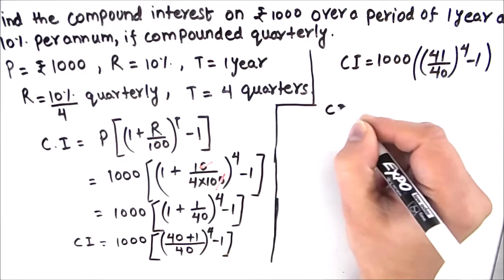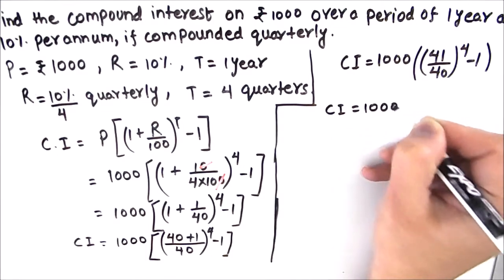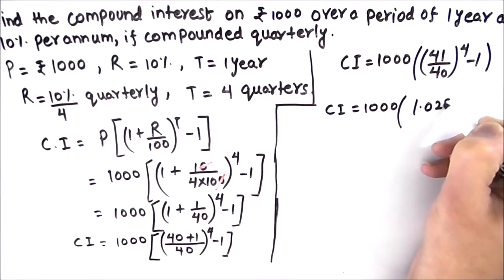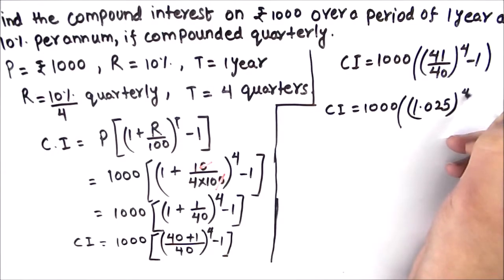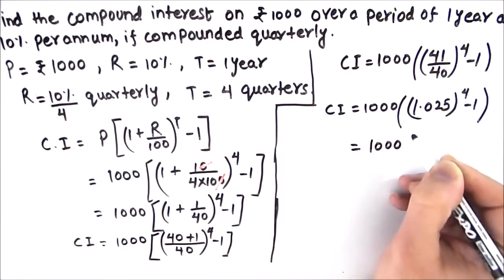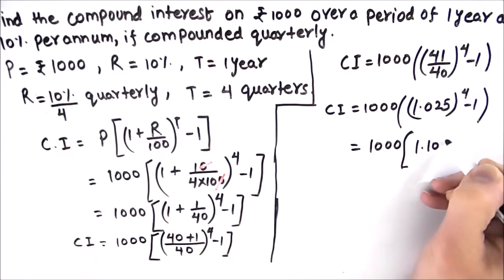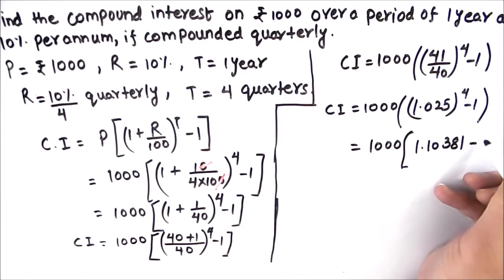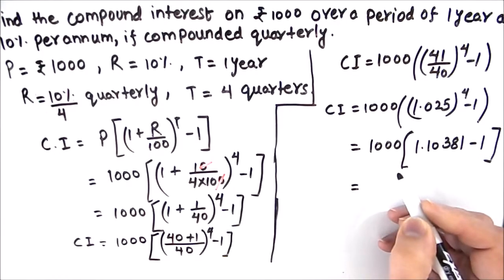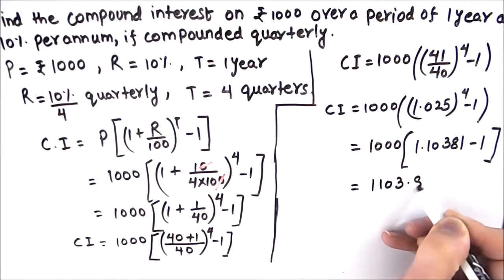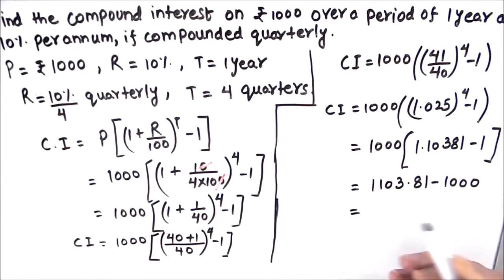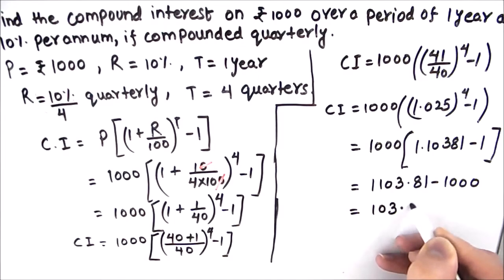So compound interest is equal to 1000 times (41 upon 40 is 1.025) whole raised to power 4, minus 1, which is equal to 1000 times 1.10381 minus 1, which is equal to 1103.81 minus 1000, which is equal to 103.81.